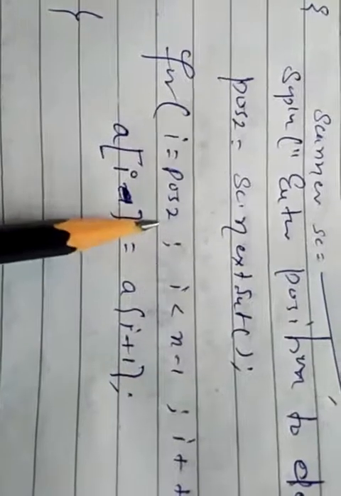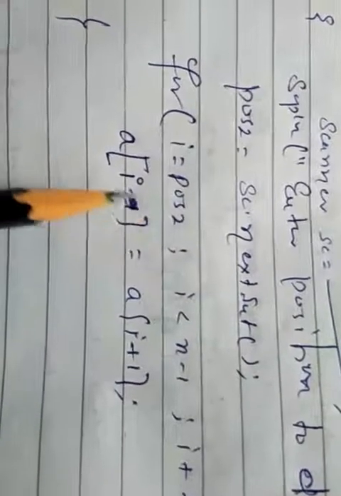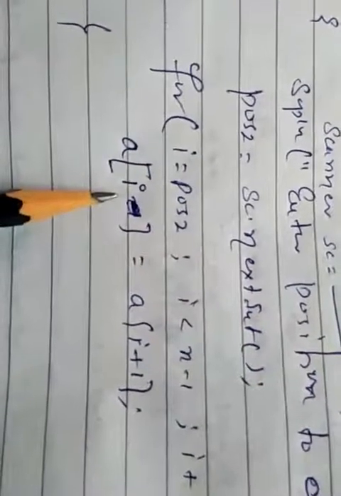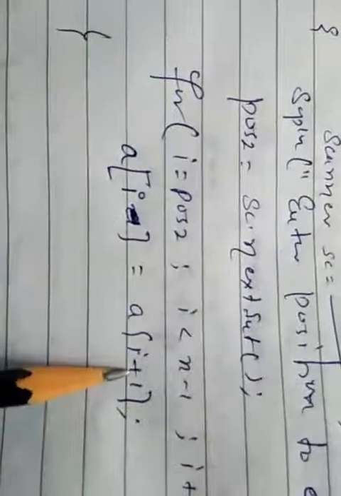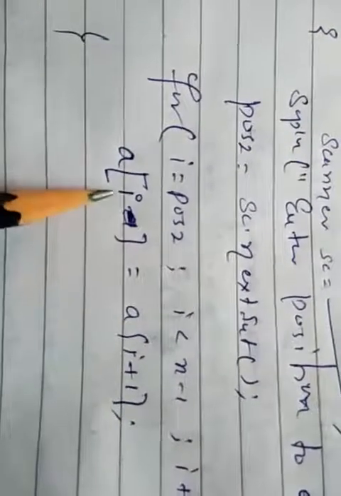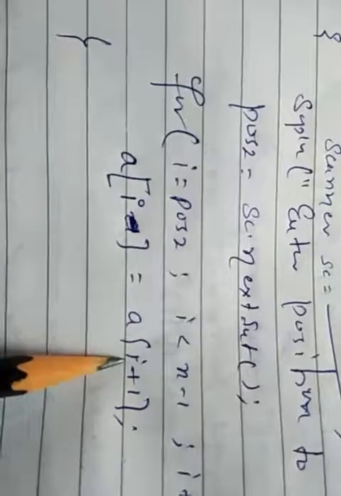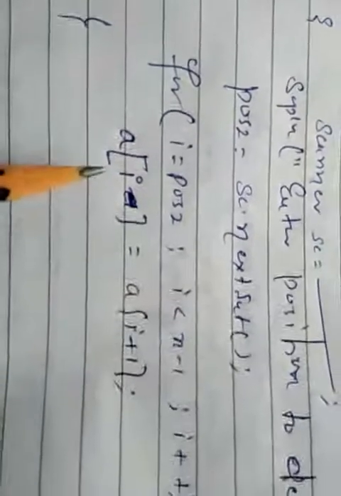Suppose we are entering 5, so the 6th element will be shifted to the 5th, the 7th element will be shifted to the 6th, and so on. So that element will be deleted, and we have already printed here the array after deletion.